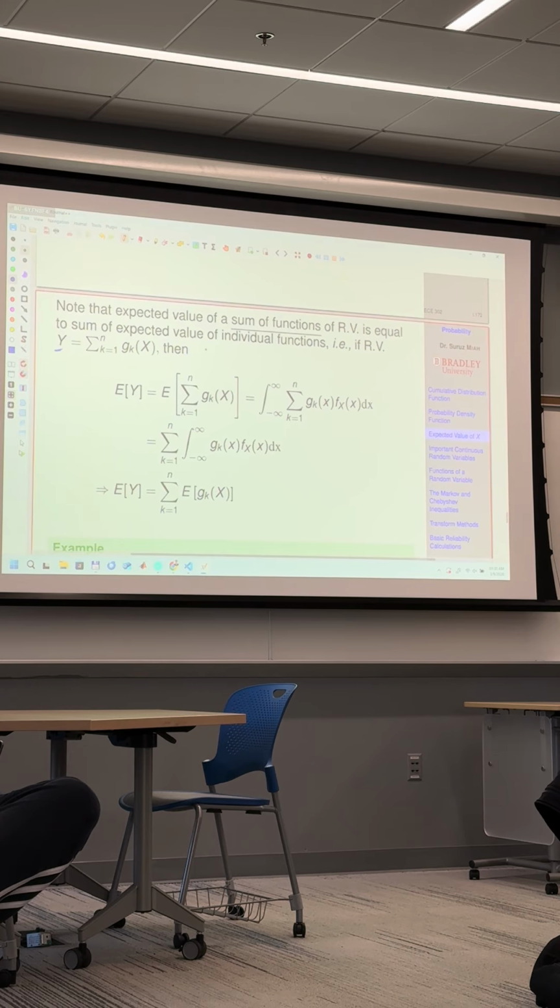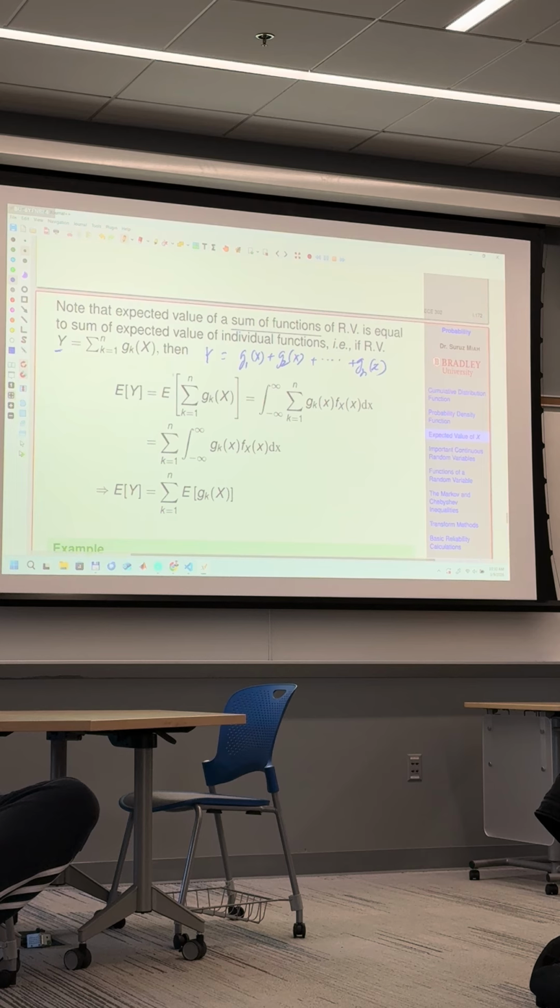So basically what I'm trying to say, y equals g1 of x plus g2 of x plus dot dot dot plus g sub n of x. If that is the case, how do you get the expectation?